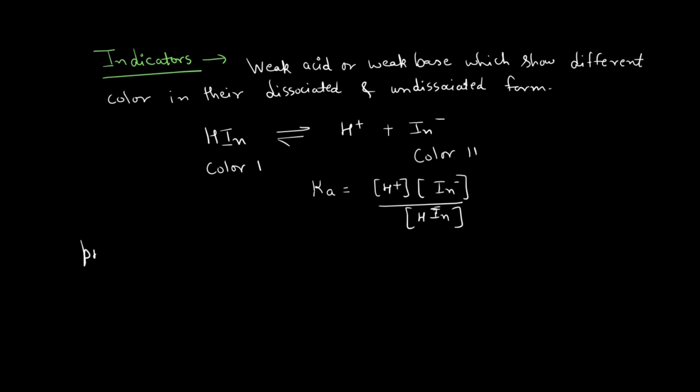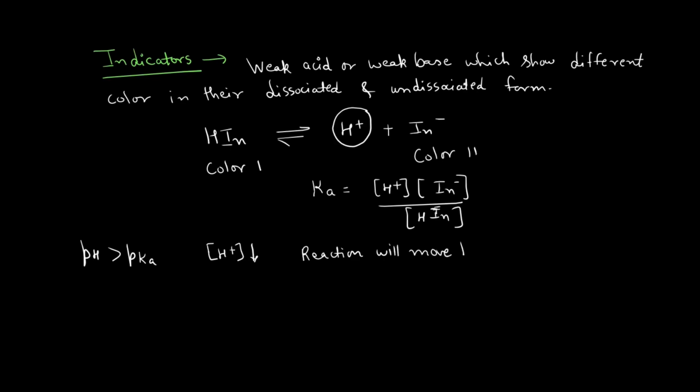Suppose the pH of the solution is greater than pKa of this HIN indicator. When pH is more, it means that H plus ion concentration is less. So we have less of the H plus ion in this solution, so the above reaction will move forward.